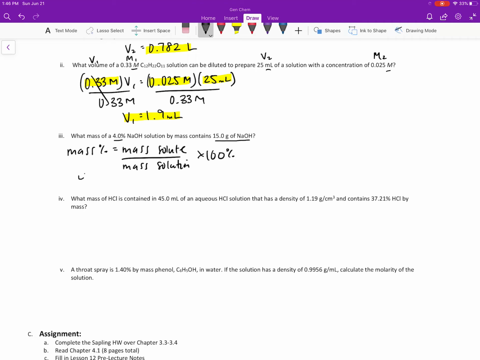So I'm going to plug in all my values that I'm given. My X is my mass of my solution. That's what I don't know. So multiply by 100%. If I want to get rid of the percent, I can simply convert the 4% to its decimal form.